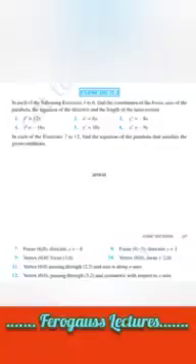Now it is given that the vertex of the parabola is (0, 0), that is origin, and the parabola is passing through the point (2, 3). Also the axis of the parabola is along x-axis. We have to find the equation of the parabola. Let us find it.